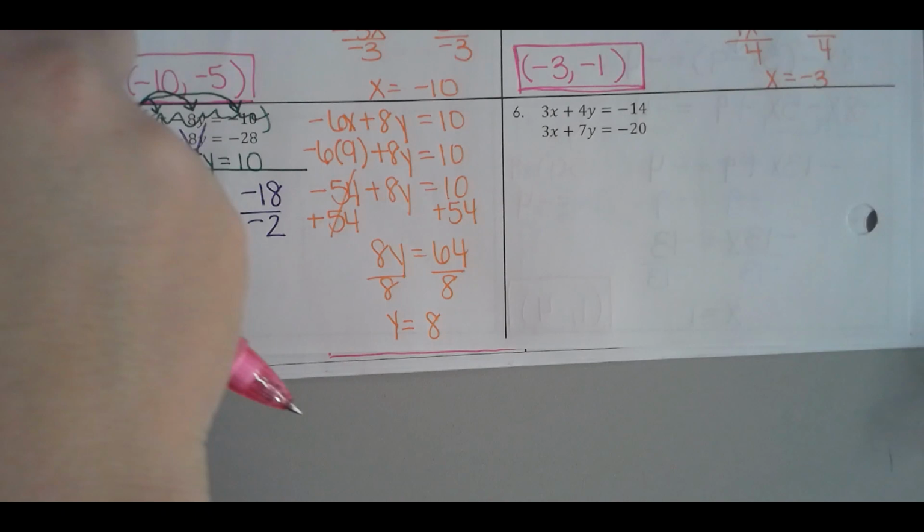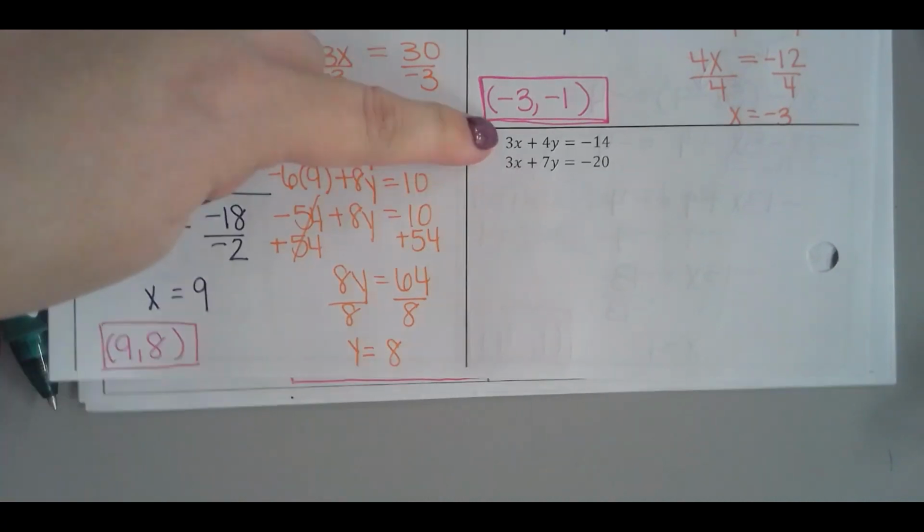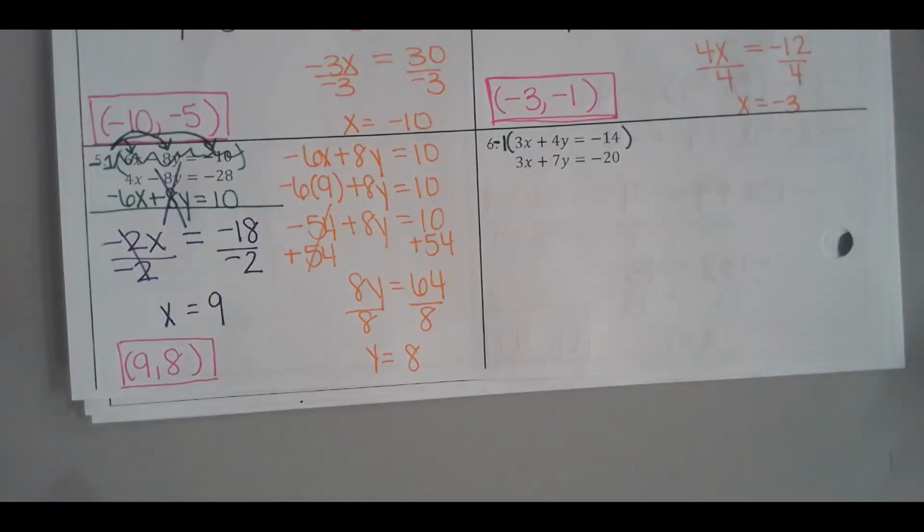Okay, so here on number 6, notice I have a positive 3x. I need one of those to be negative. Right. Or a positive and negative 12 or whatever. To turn a positive into a negative, you multiply it by negative 1.